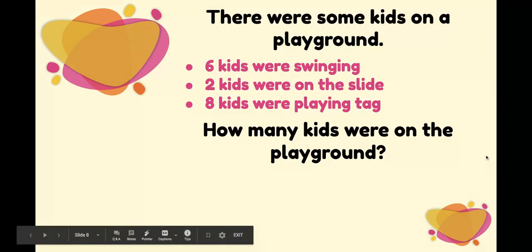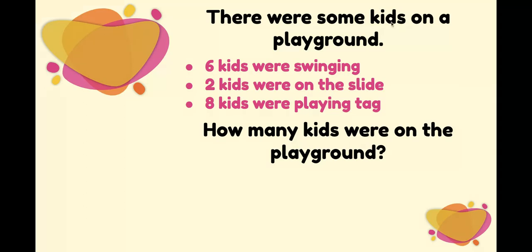Let's try one more. There were some kids on a playground. 6 kids were swinging, 2 kids were on the slide, and 8 kids were playing tag. Sounds like an awesome time at recess, huh? How many kids were on the playground? So let's take these 3 numbers, 6, 2, and 8, put them into an addition problem, and find friends of 10 to help us with adding.